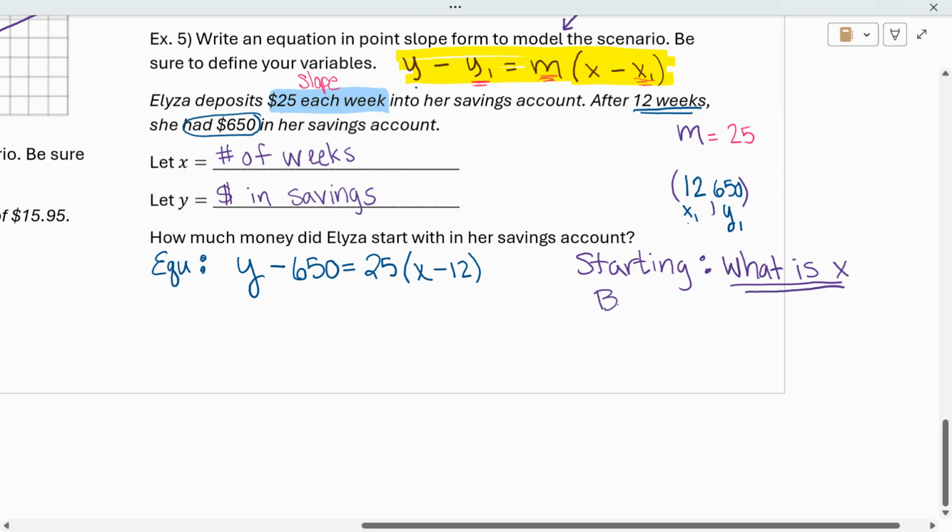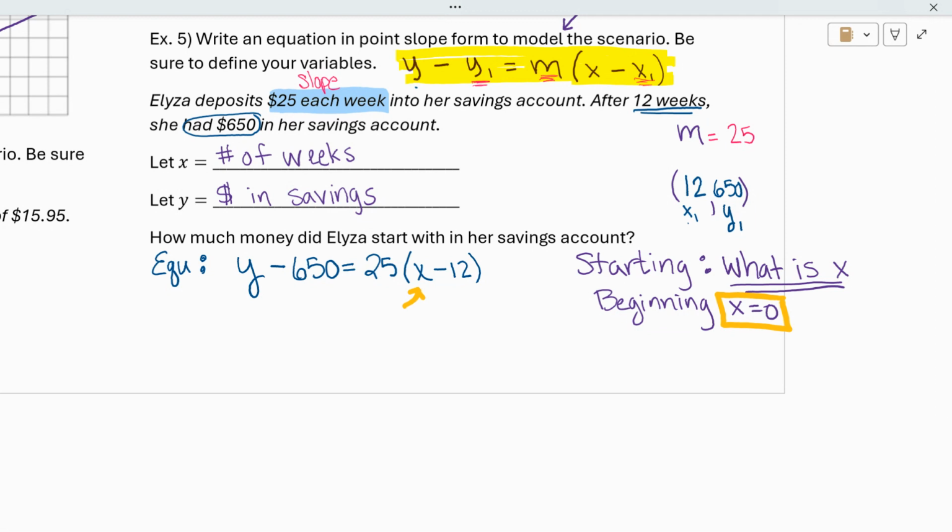Yeah, at the beginning, X equals 0. So I'm going to use the idea that X equals 0, and I'm going to plug that in right there and figure out how much money she started with, which is your y-intercept.